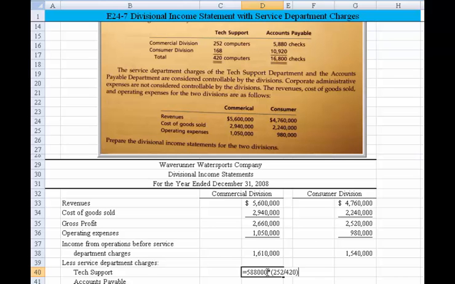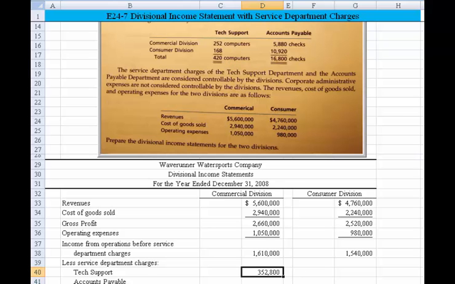You see how I'm doing that? To come up with the proportion of the tech support charges that should go to the commercial division. So I take the 588 times the 252 computers to the commercial divided by the 420.